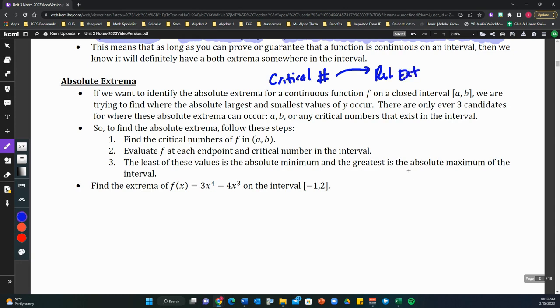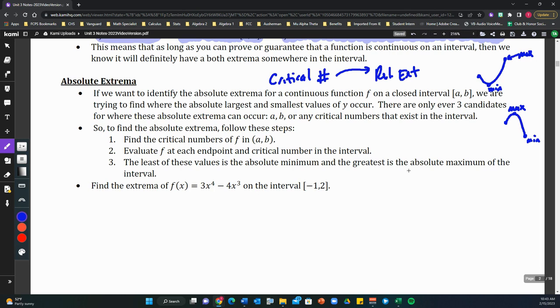So again, the possibilities here are we could have a graph that's similar to the one that we saw earlier, where our maximum ends up being one of the endpoints and a local min is inside, in the middle. So that is our absolute min inside. Or it could be the other way around, where our minimum occurs at one of the endpoints, and then our maximum occurs at a relative extrema in the middle.